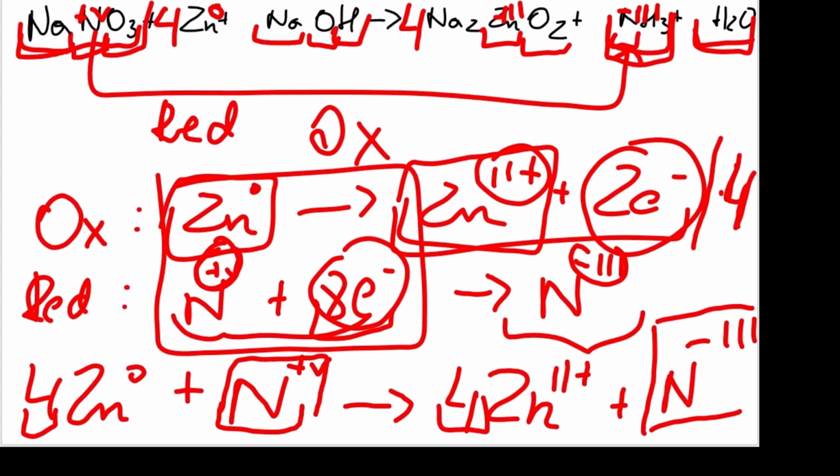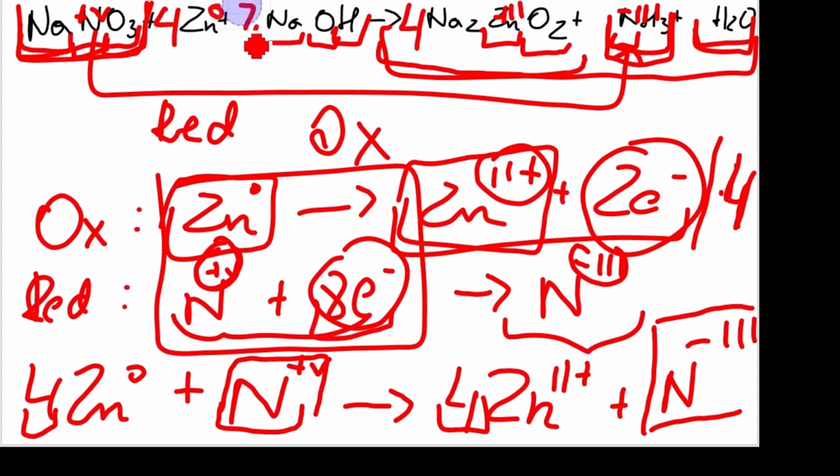Okay, so if we know that there is only 1 particle of sodium nitrate, and we know that we have 8 atoms of sodium on the right side of the reaction, we are sure now that we need to put 7 in the front of sodium hydroxide, because we need in overall 8 sodium atoms on the left side as well as the right side of this reaction.